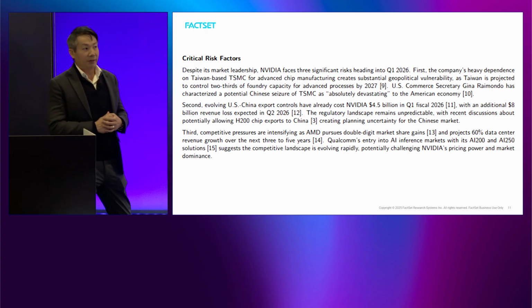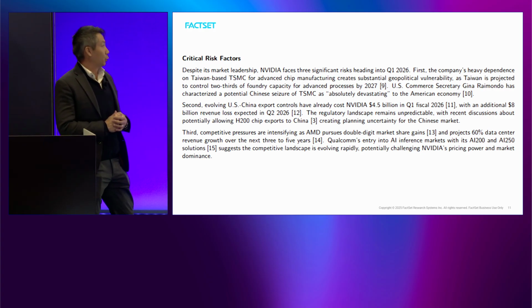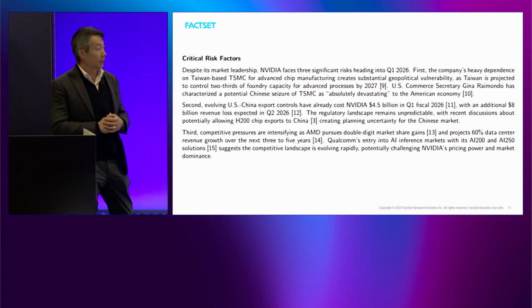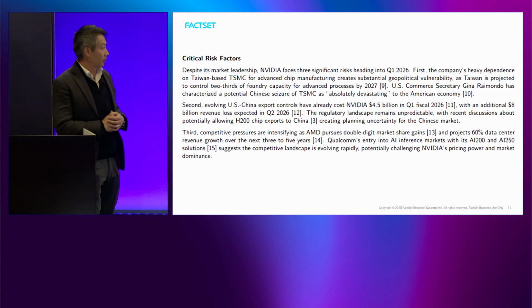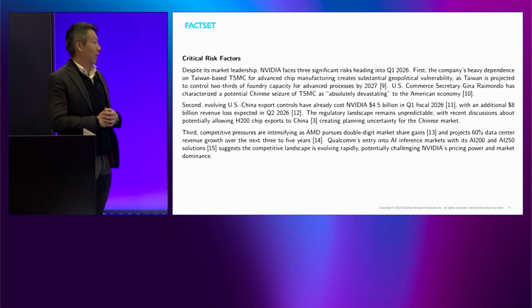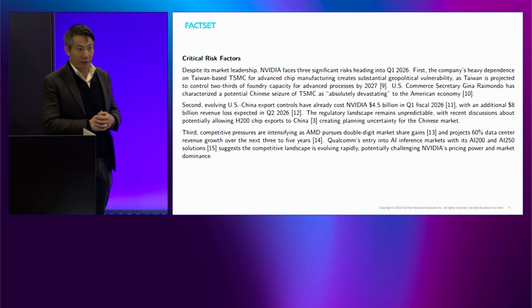Another item that I asked is I asked it to identify risk factors. So here, quick research went and identified 3 risk factors, one being NVIDIA's reliance on Taiwan semiconductors. The second is the US-China export controls. And number 3 is just competitive pressures from AMD and Qualcomm and others.